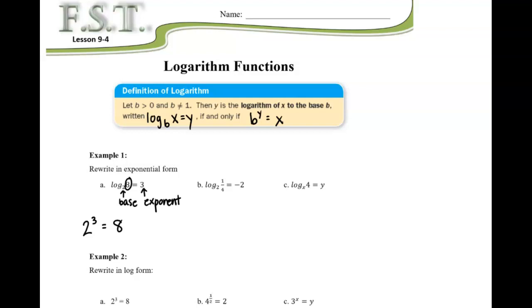For the next one, our base is 2 to the power of negative 2 equals 1/4. For C, our base is x to the power of y equals 4.